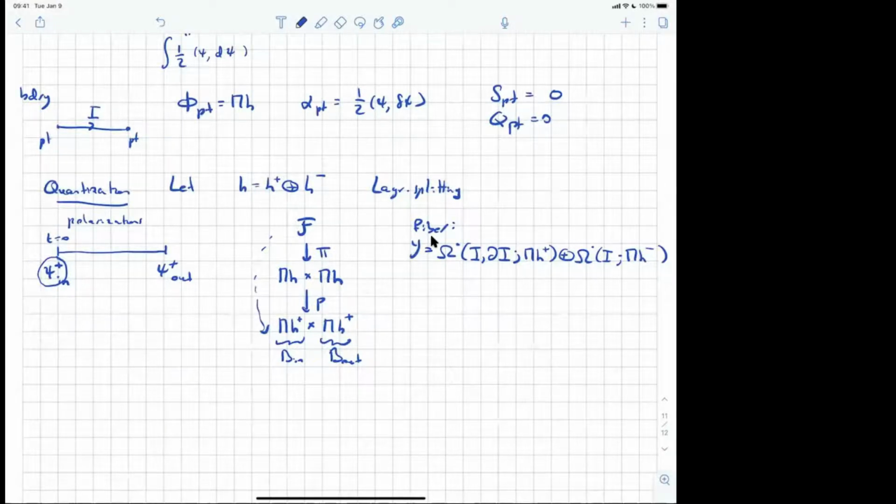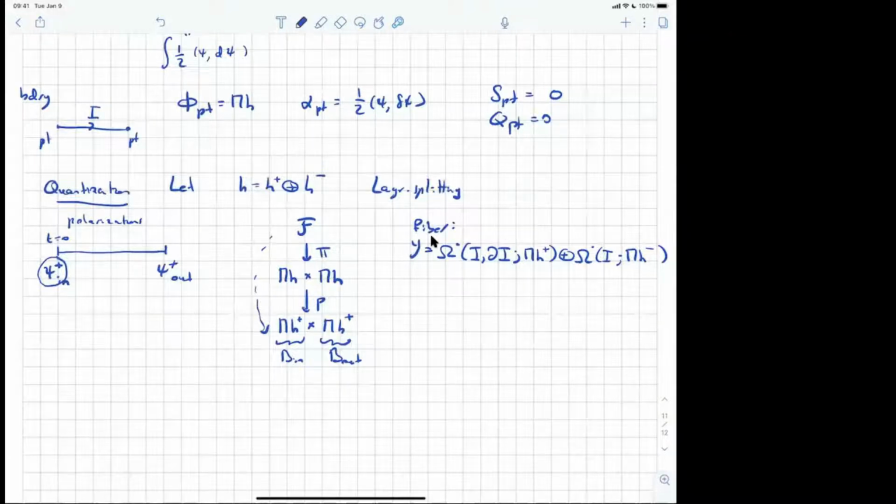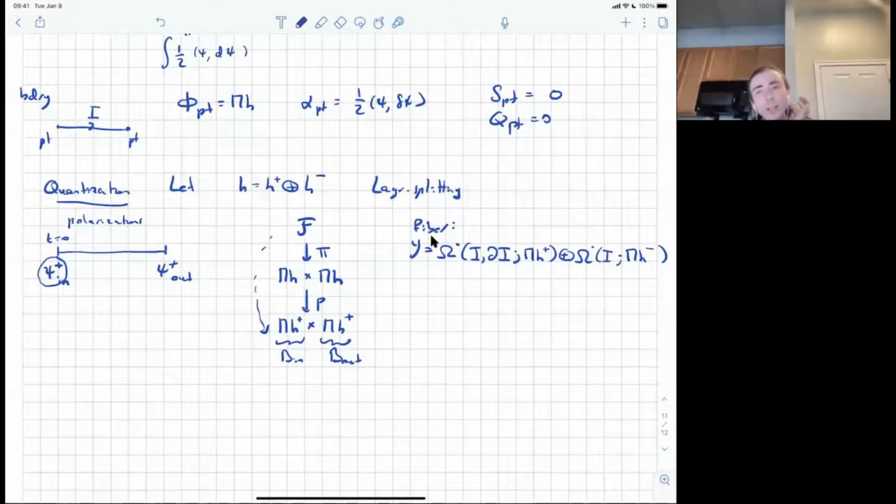Can you explain again why they should take values in pH plus? This is a choice of polarization, right? So let's imagine it was an even situation.